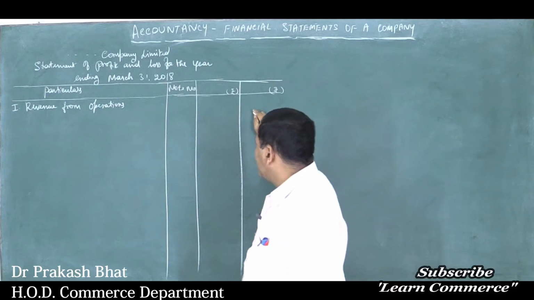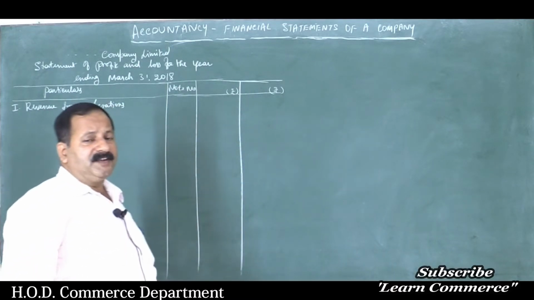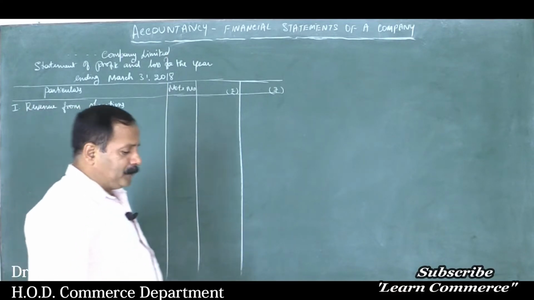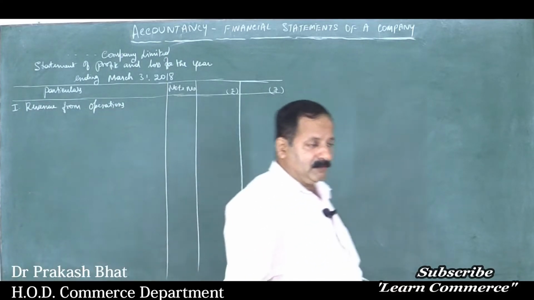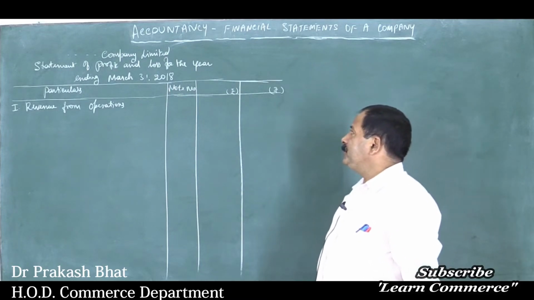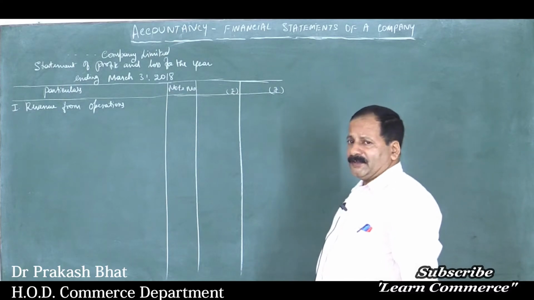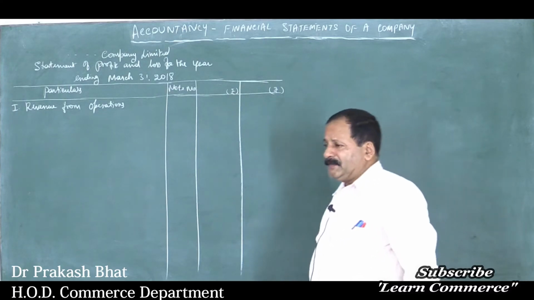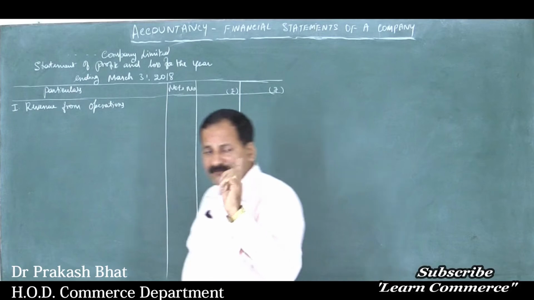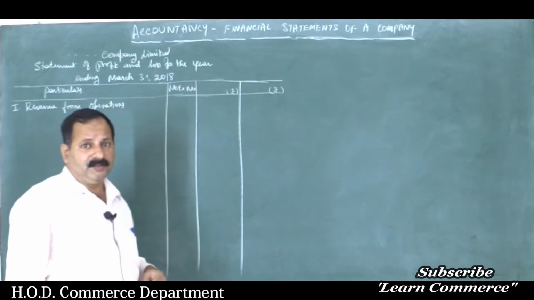There are 2 columns in amount in rupees. First column is figures as at the end of current reporting period. Second one is figures as at the end of previous reporting period. For the previous reporting period there are no figures, so no worries, simply open the column, that is enough. But you must show the column in the examination, remember.